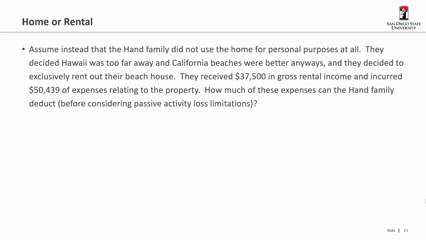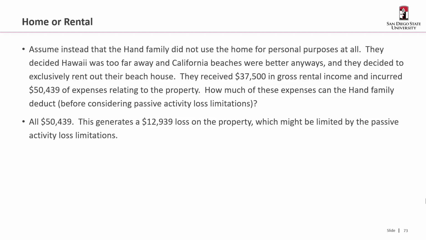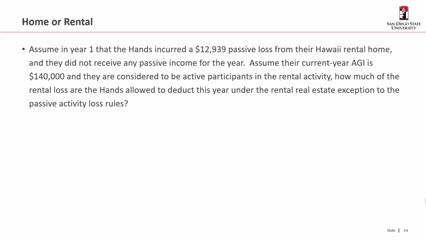So what that means is unless the Hand family also generated passive income, that loss is actually not deductible. However, there's an exception. That exception permits you to deduct that loss if your AGI is $100,000 or less.